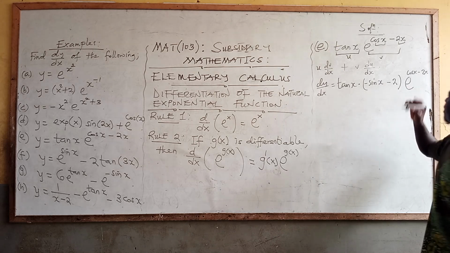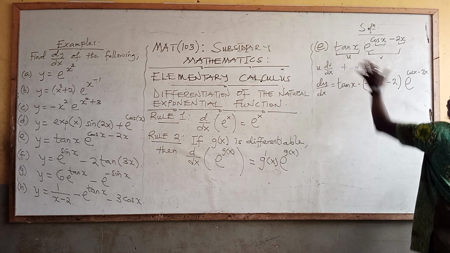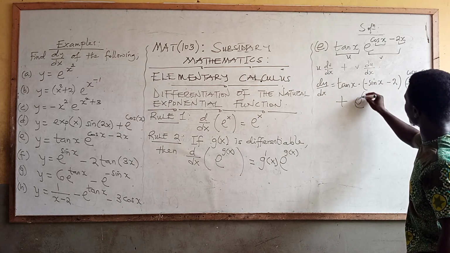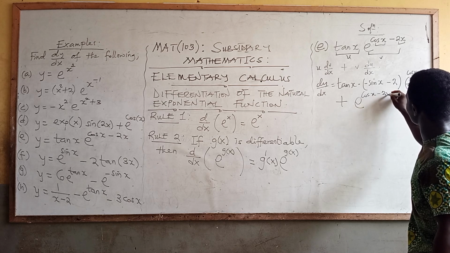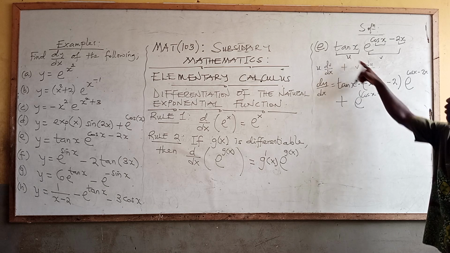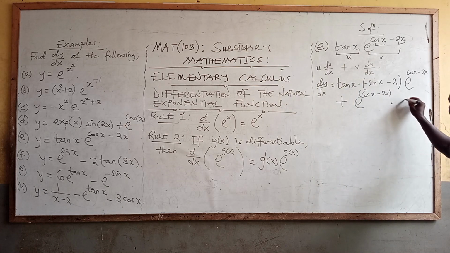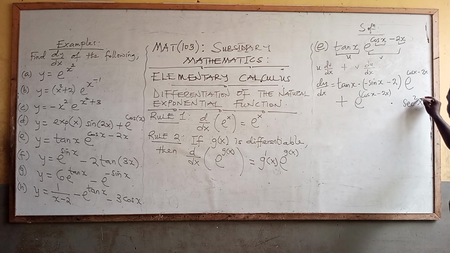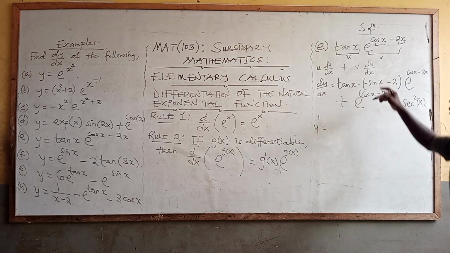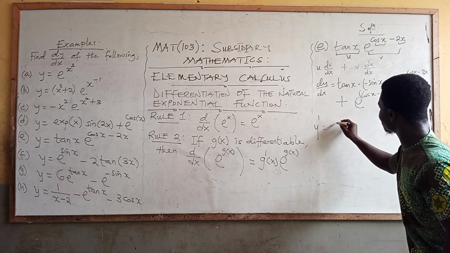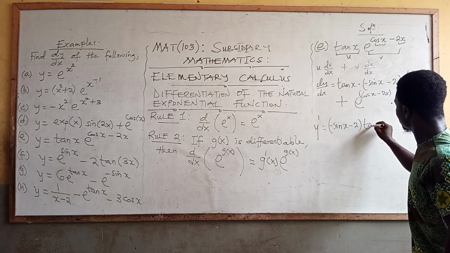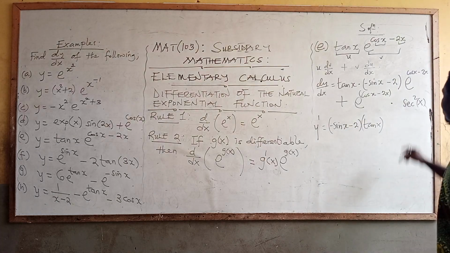Very, very simple. Then we come to plus. V is what? E exponential cos x minus 2x, right? Then times, we differentiate u with respect to x. When you differentiate tan x, what is it? Sec squared x, right? So we can rewrite it as y prime equals, now this one can be written as minus sine x minus 2 multiplying it times tan x, right?